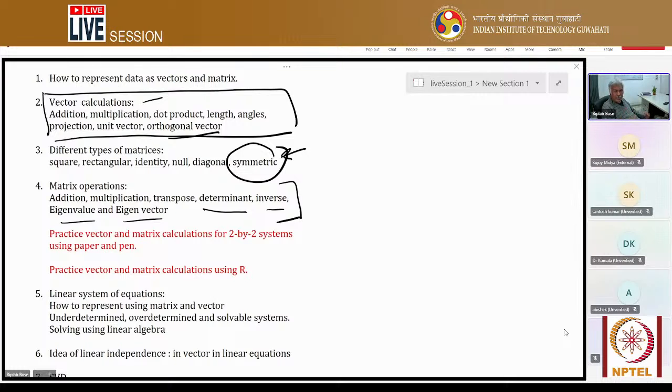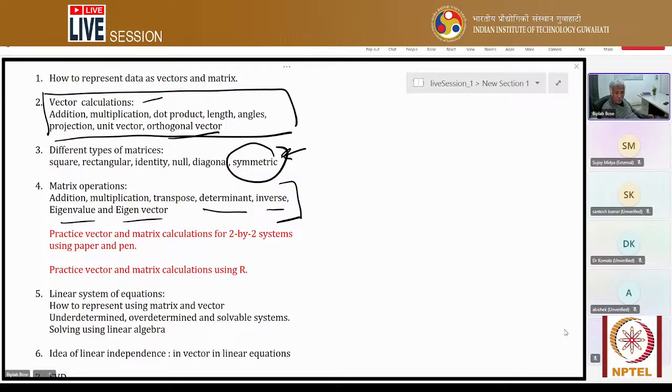We are teaching you that in fact, in a video lecture, I have shown how to calculate eigenvalue and eigenvector of a matrix. So you'll simply use that function of R. But you need to know what is the eigenvalue, eigenvector, and the definitions are sometimes obscure. So if you do your calculation by paper and pen by hand, then things get clear. But as I said, it is usually difficult.